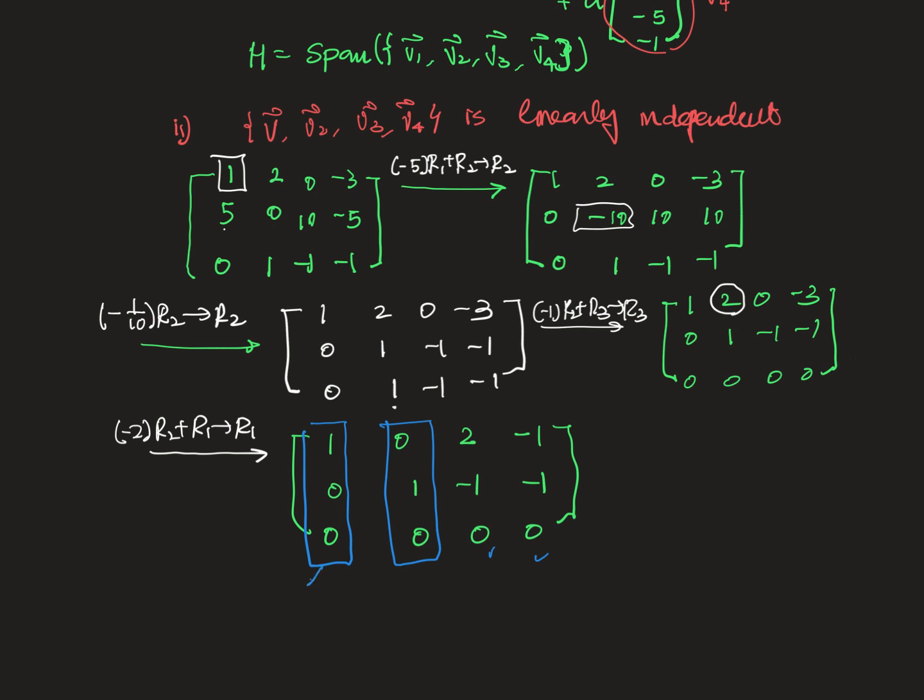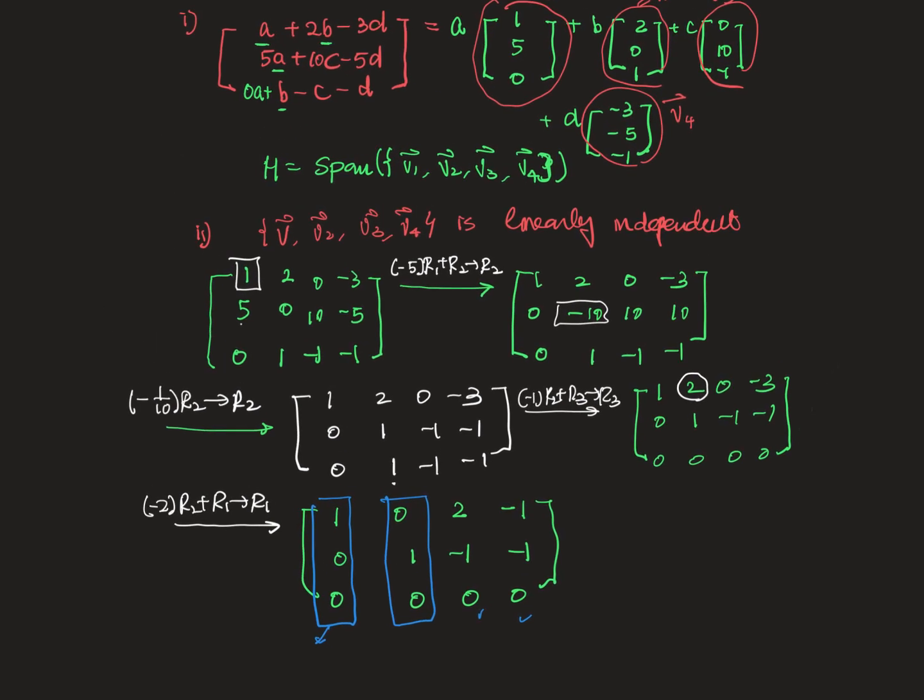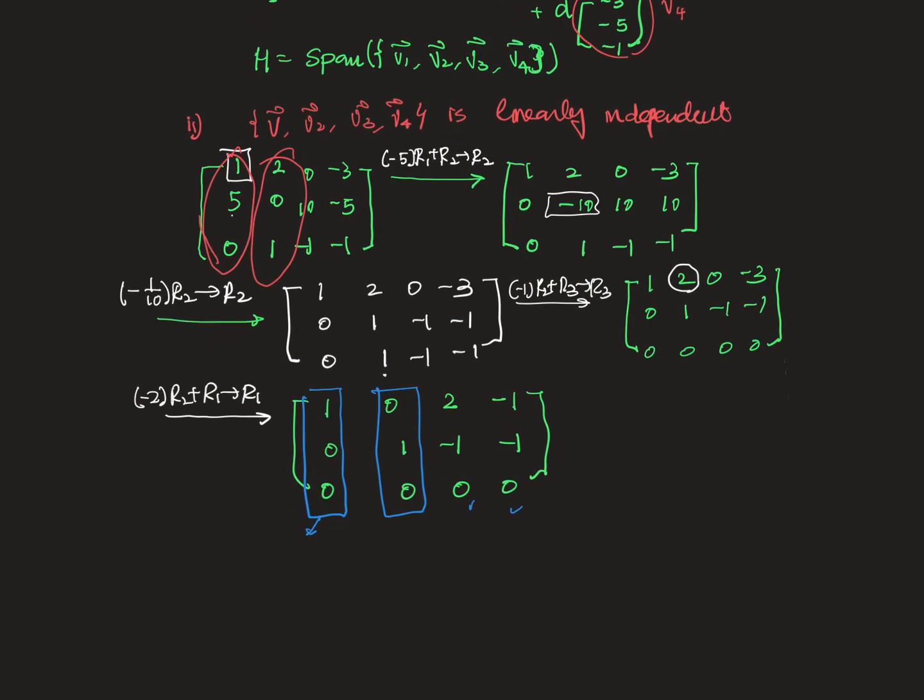So the first one and the second one are linearly independent. So go back to the original matrix. You say these are linearly independent, guys, okay? So V1, V2 are linearly independent.